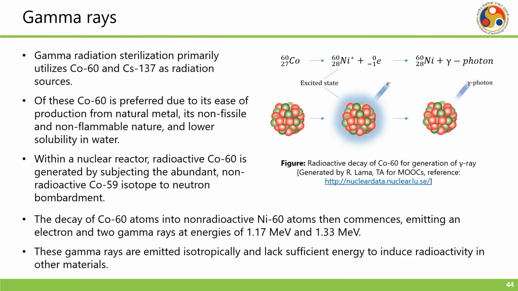These gamma rays are emitted isotropically and lack sufficient energy to induce radioactivity in other metals. So, here in this picture we can see the radioactive decay of cobalt 60 for generation of gamma rays.